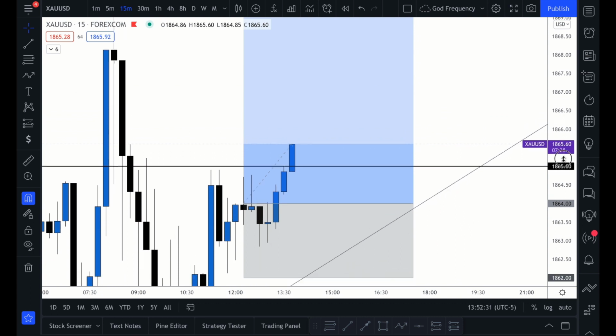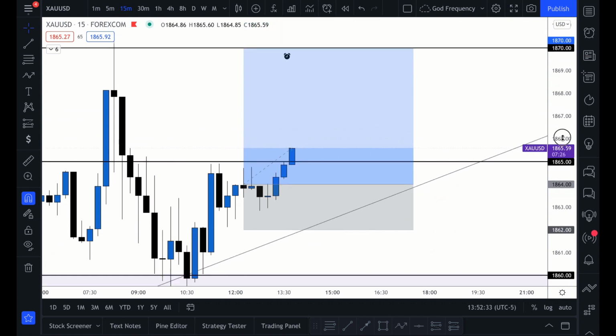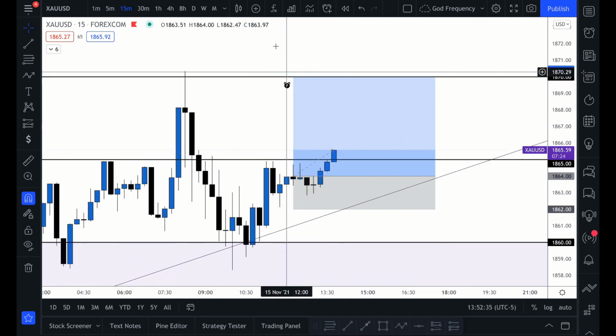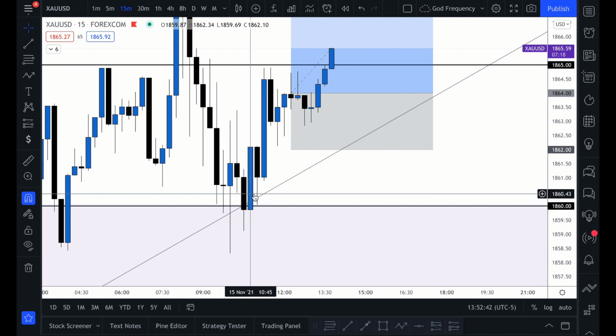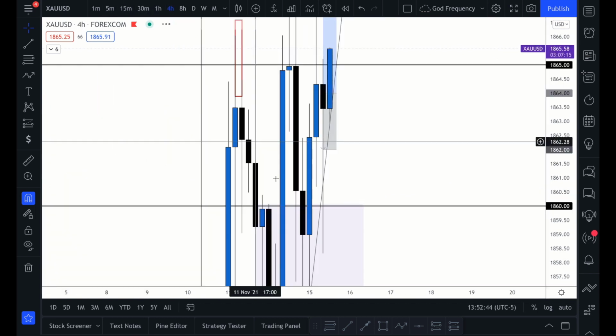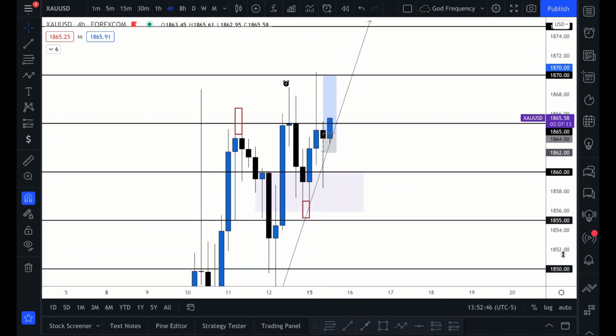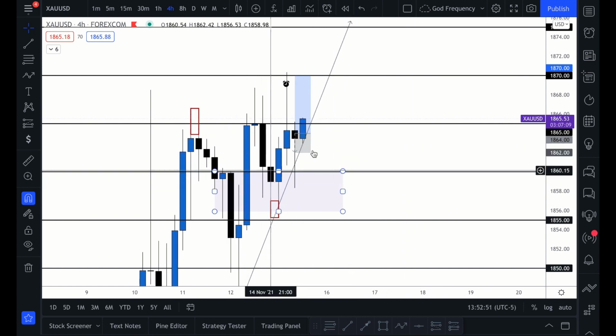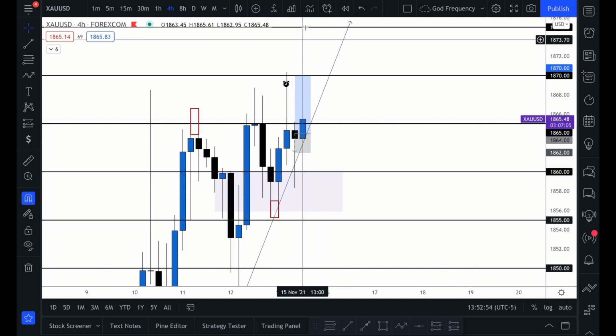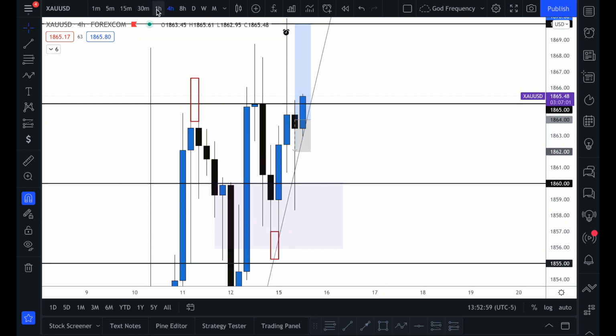And so all you have to do is look at your market structure, look at where your key levels are, and look at where price rejected from, okay? In this instance, we rejected on the 4 hour chart, we rejected this area here. We rejected 1860, and as price started to show signs of wanting to pump up, that is all I needed to know.